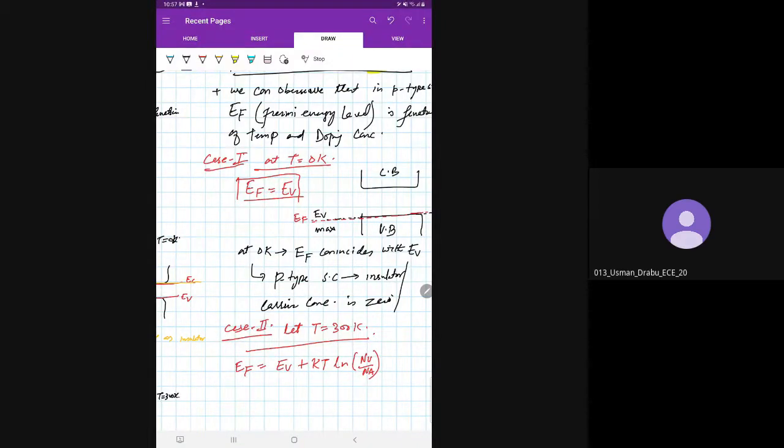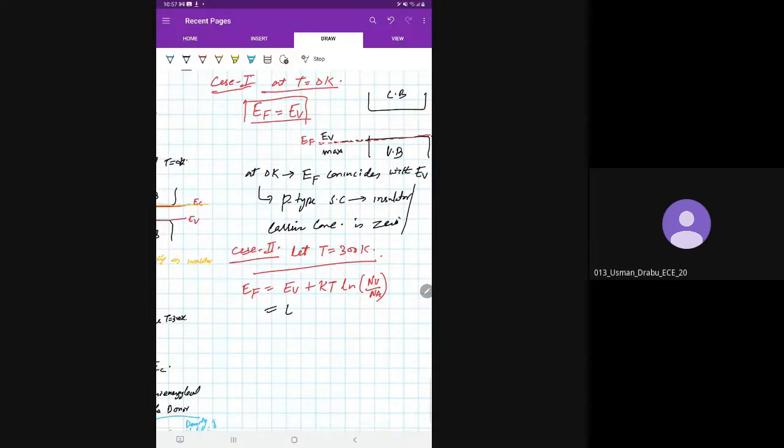In general, it will be equal to the energy of the valence band plus a non-zero term, which means that EF has a higher value than EV. EF is greater than EV.